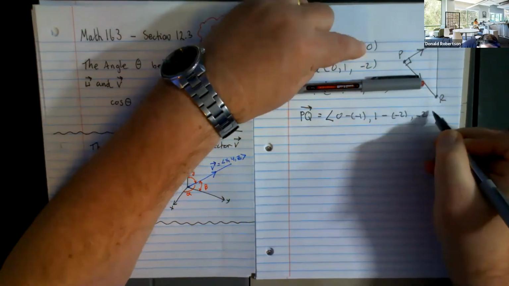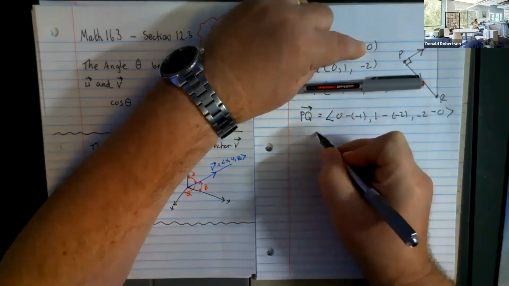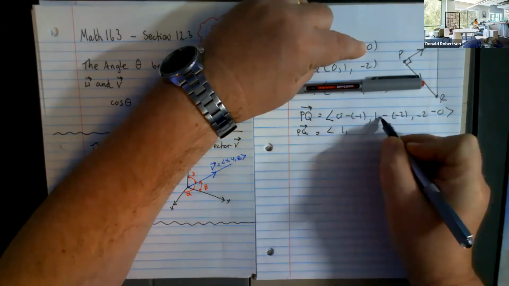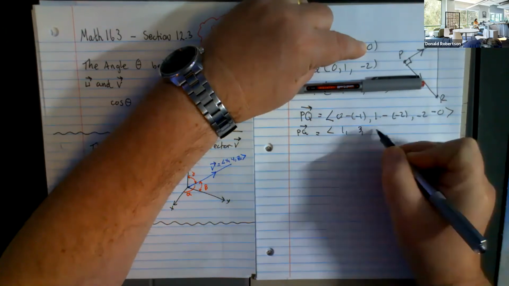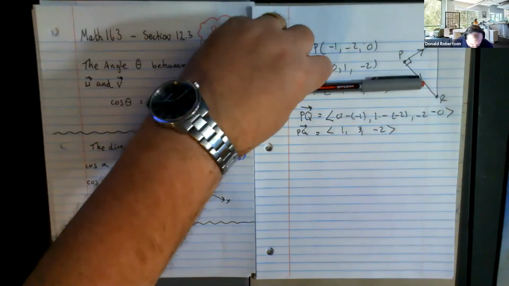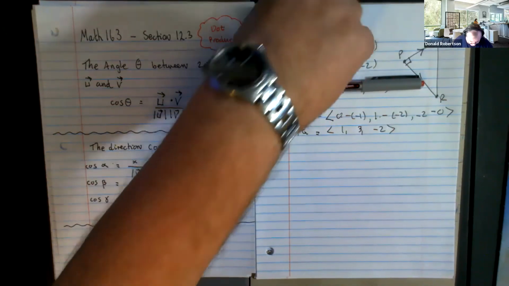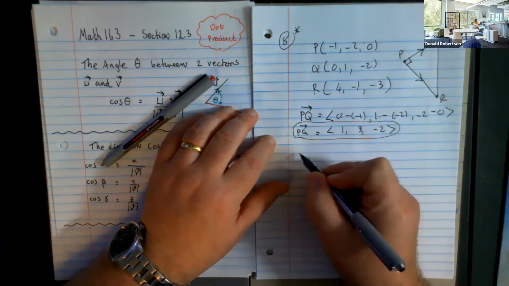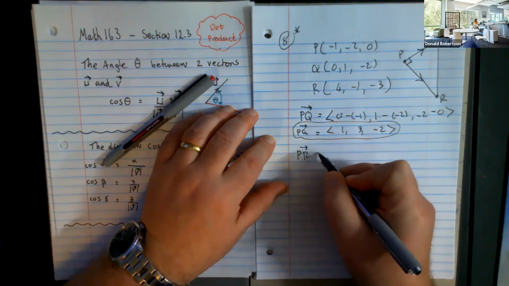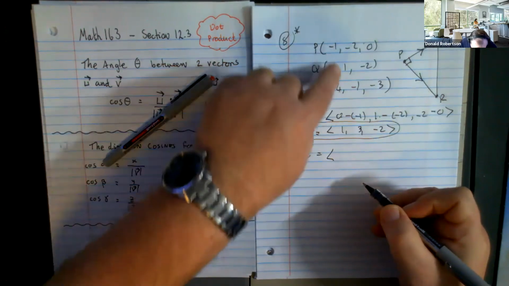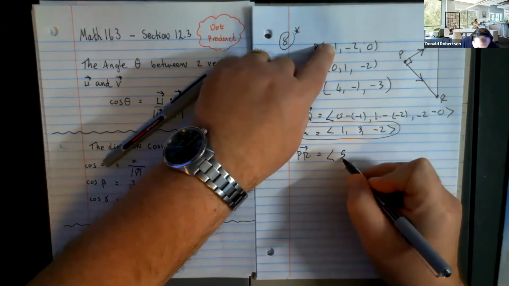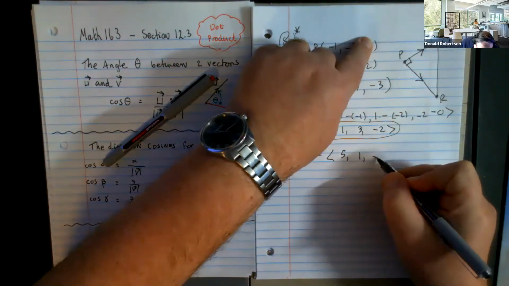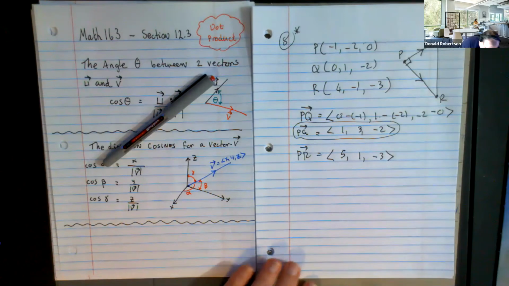And so the vector PQ is 0 take away -1, that's 1, 1 take away -2, that is 3, and -2. Double check that. 1, 3, -2. Put a little bubble around it. Now I'm going to find P to R. Second take away first. So 4 take away -1 is 5. -1 take away -2 is 1. -3 take away 0 is -3. And we get that guy.